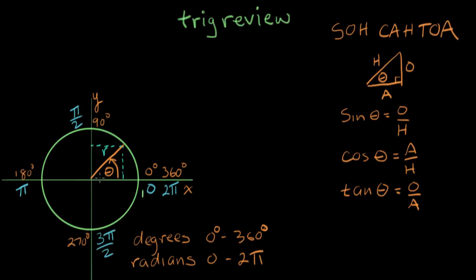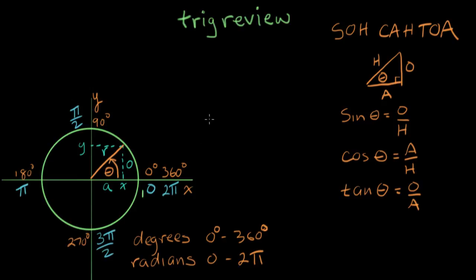This section of the x-axis right here is the side adjacent to the angle theta. And this distance on this side of our triangle is the side opposite. There's going to be a y-intercept here and an x-intercept right here.